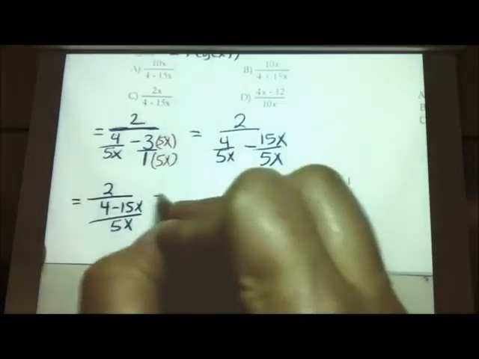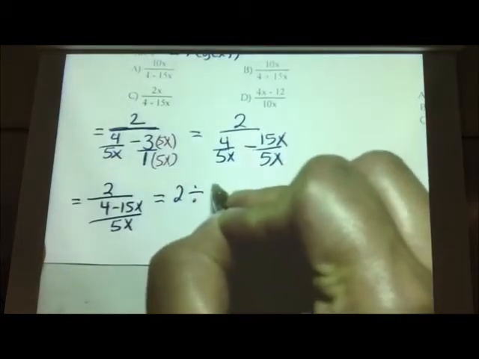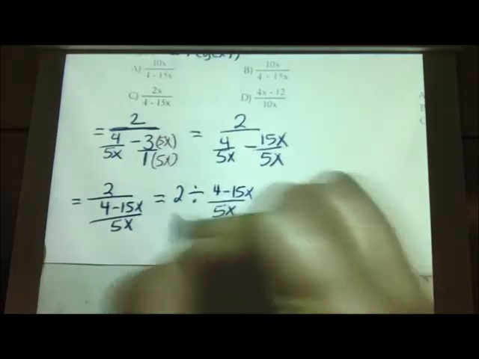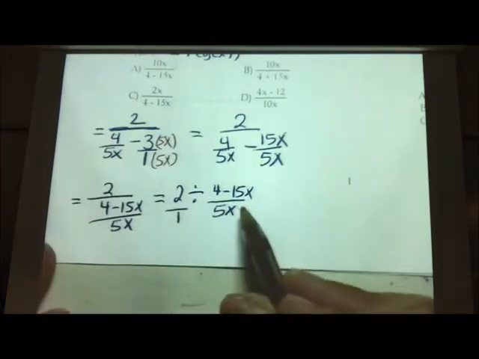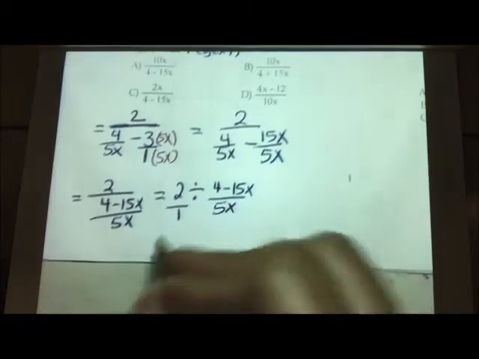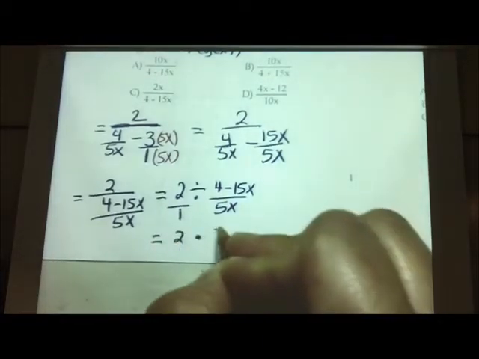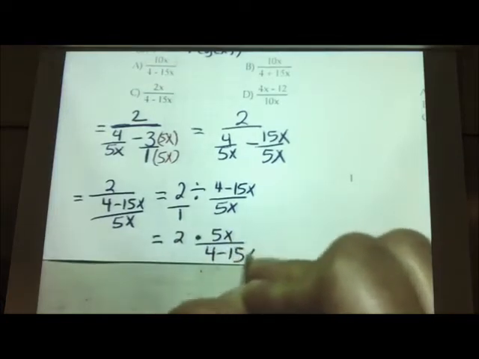Now, this becomes 2 divided by 4 minus 15x over 5x. Now, when we were talking about this, we went back to when you were in elementary, that when you're dividing by a fraction, you have to multiply by its reciprocal. So this here becomes 2 times 5x over 4 minus 15x.